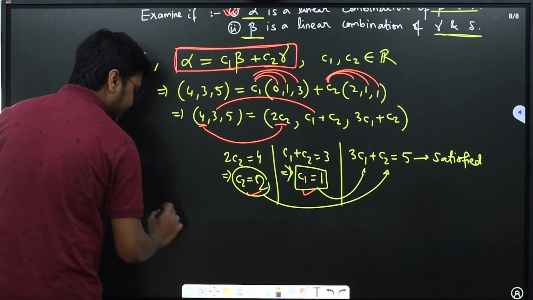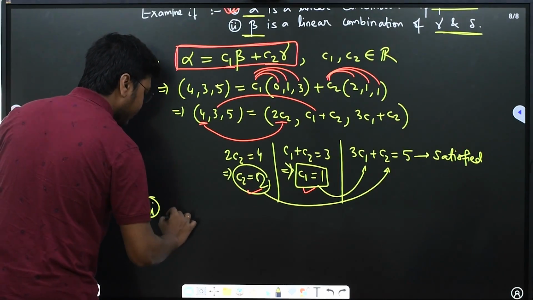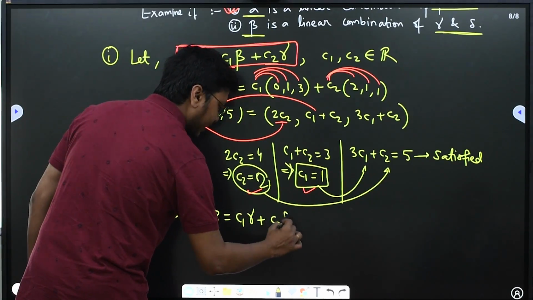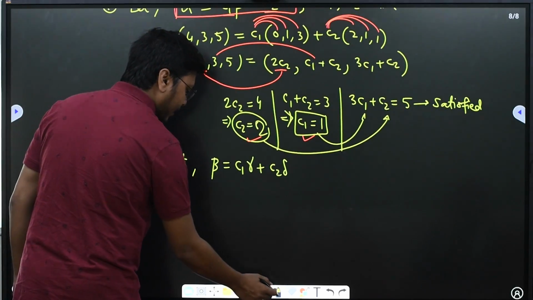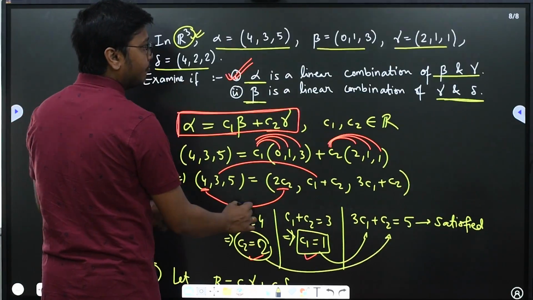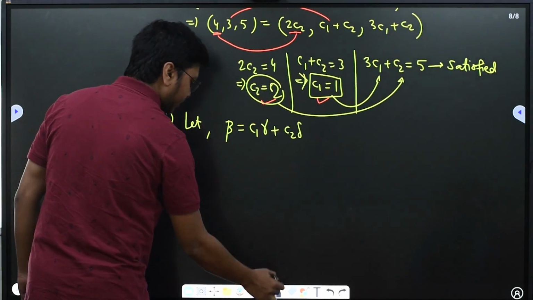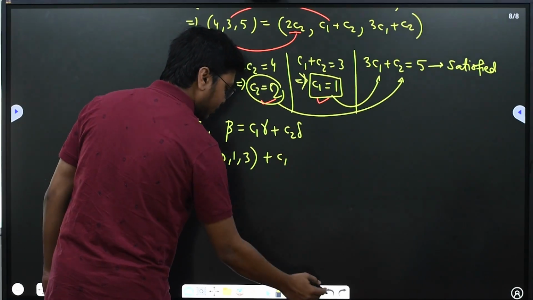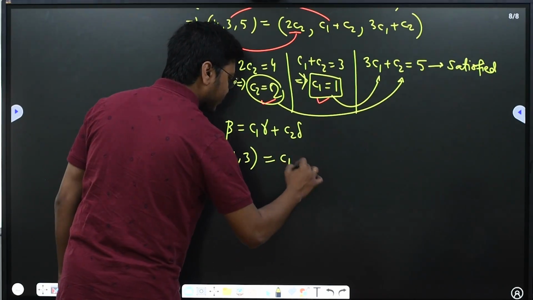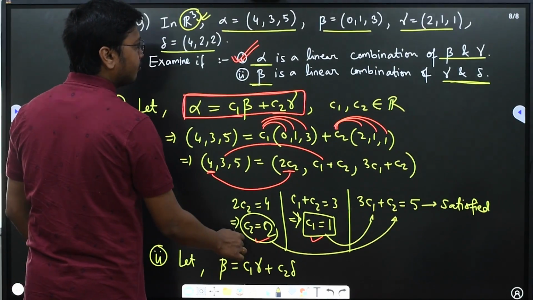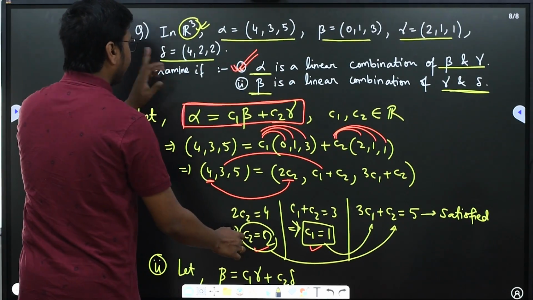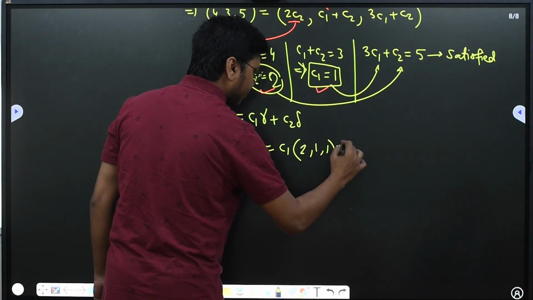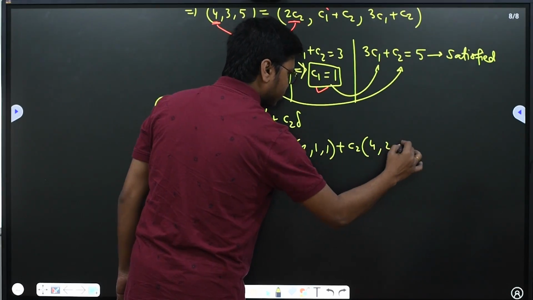So again, I'll start by saying let beta be written as C1 times gamma plus C2 times delta. So I will plug in the values. The beta value is (0, 1, 3) equals C1 times the gamma value, which is (2, 1, 1), plus C2 times (4, 2, 2), which is delta.